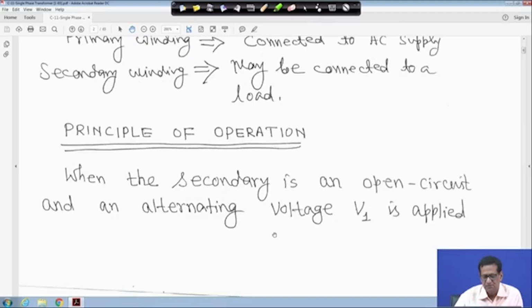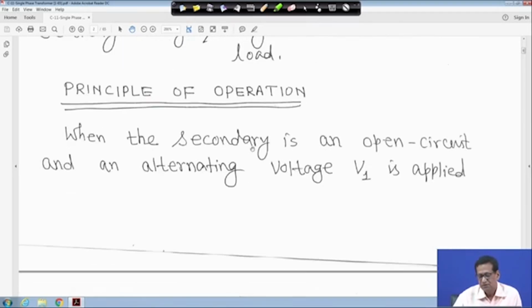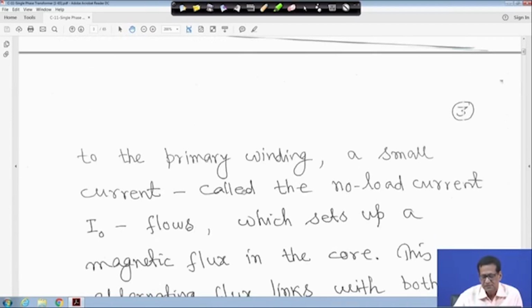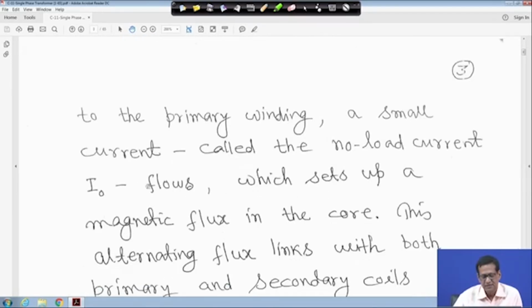Now, the principle of operation: when the secondary is open circuit and an alternating voltage V1 is applied to the primary winding, a small current called the no load current, that is I0, flows, which sets up a magnetic flux in the core.